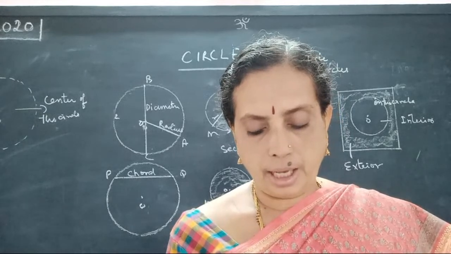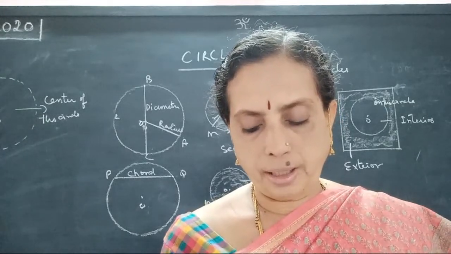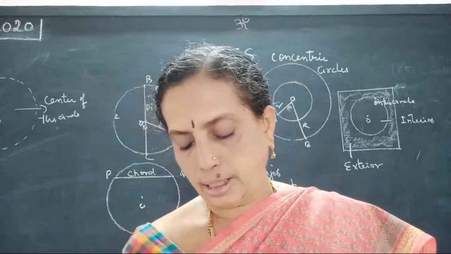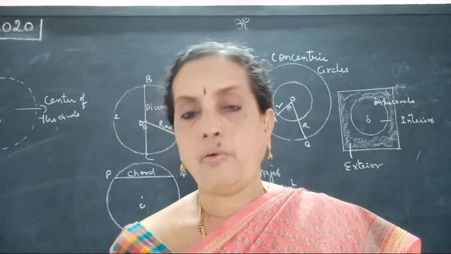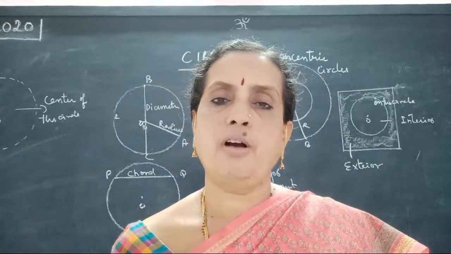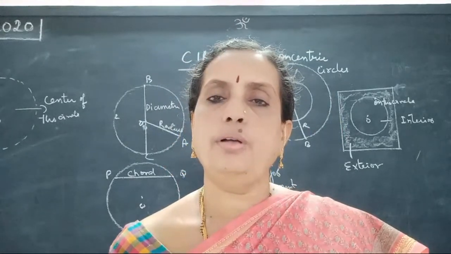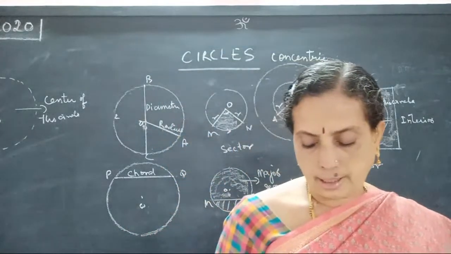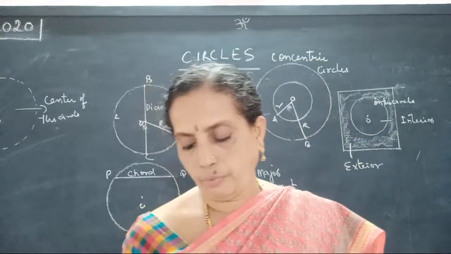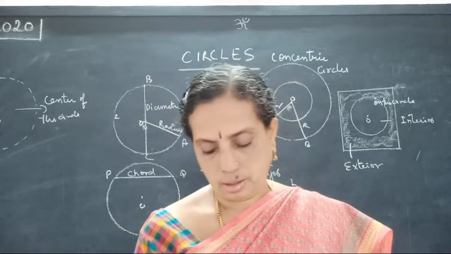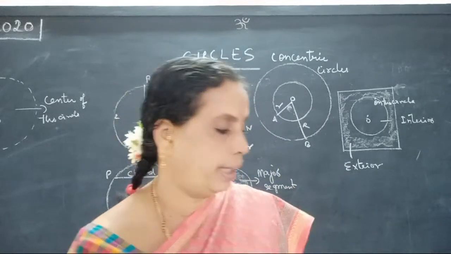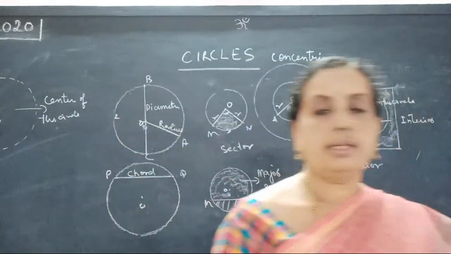A circle has only a finite number of equal chords. We can draw many. A circle has only a finite number of equal chords. False. Okay?